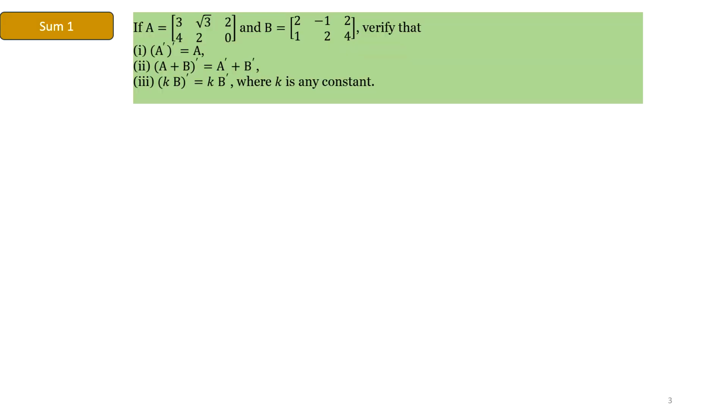Sum number 1. If A is a 2 by 3 matrix and B is another 2 by 3 matrix with elements as shown in the slide, verify that transpose of A transpose is A, A plus B whole transpose is equal to A transpose plus B transpose, and K B transpose is equal to K multiplied by B transpose, where K is any constant.